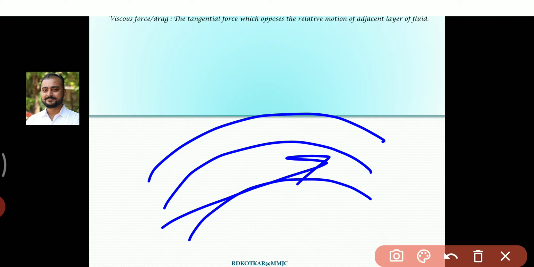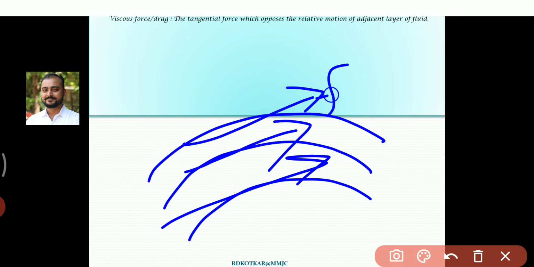Okay, on this one also, the force is acting in such a way that it is the tangential force which opposes the motion of the adjacent layer.